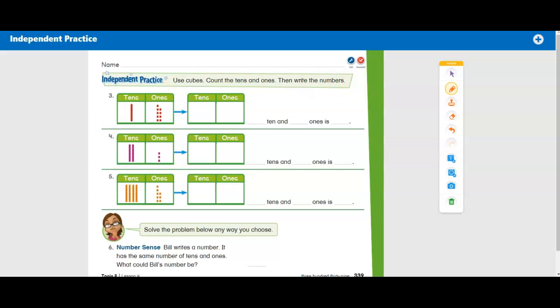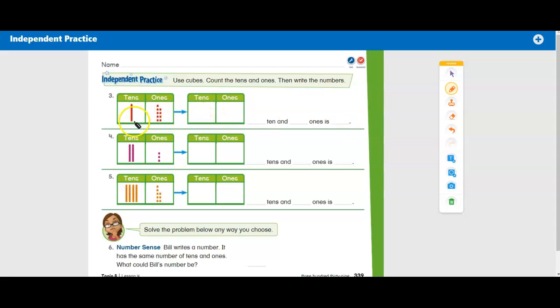Just like we did in our guided practice, for numbers 3, 4, and 5, you will do the same. Look at how many tens there are and how many ones there are. Write the numbers in the blanks and then what the full number is.